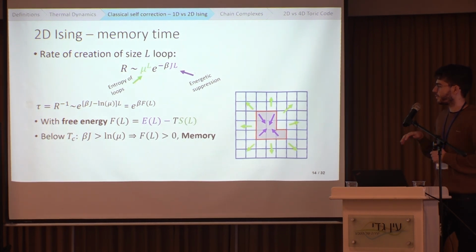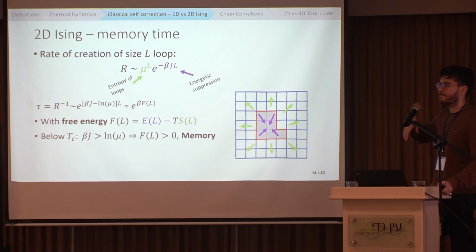Below this critical temperature, the free energy is positive, and the time grows exponentially. But above this temperature, the entropy is more important than the energetic cost, and we have no memory.